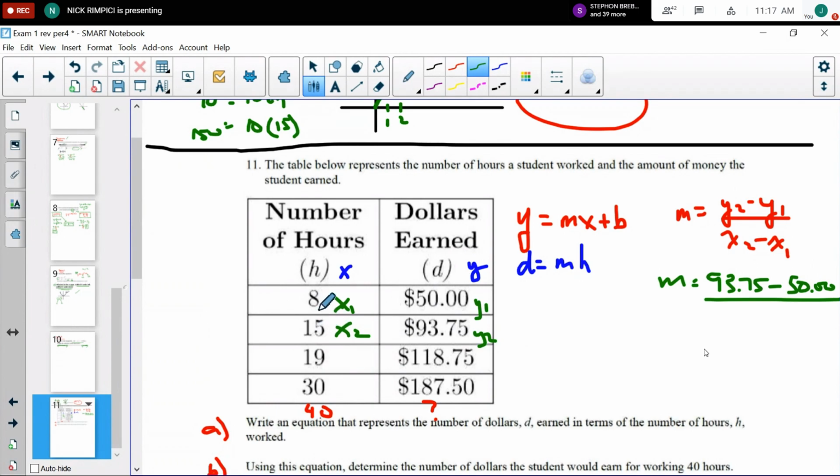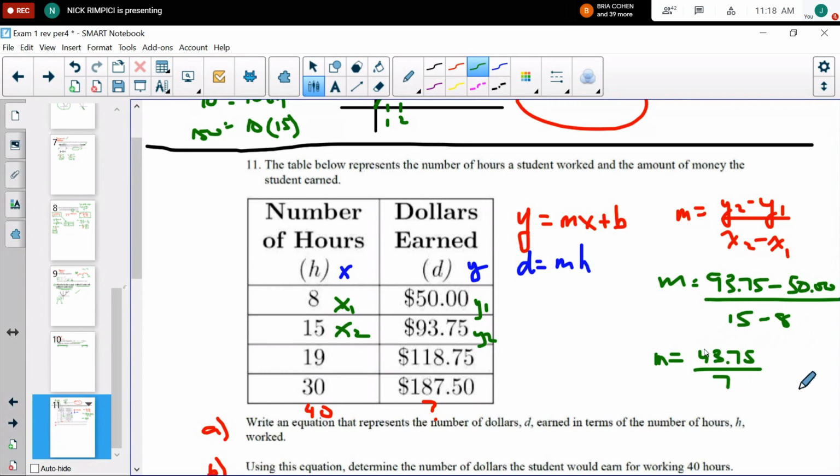So x2 is 15 and x1 is 8. So I have to do $93.75 minus $50. What is that? That's $43.75, divided by 15 minus 8, which is 7.